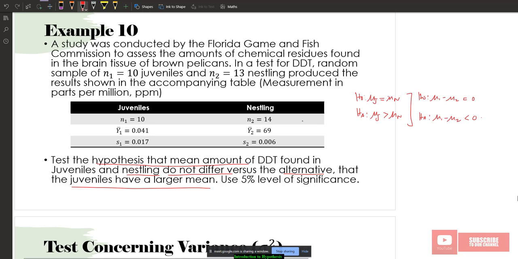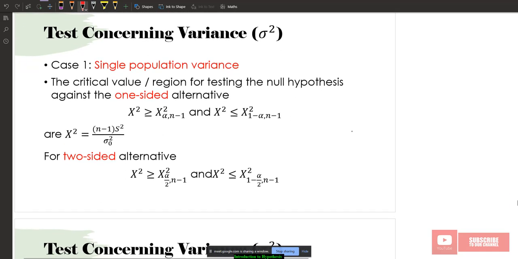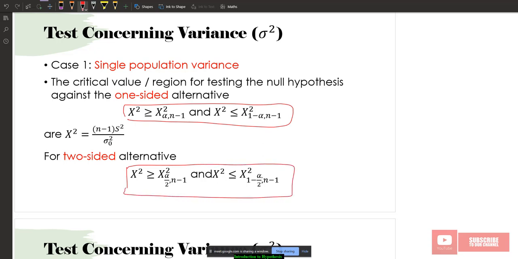So we just choose our statistical test, right? So for variance, same condition. When you have a single variance, use chi-square distribution. When you have a two-sided test, you need to adjust the critical value, for single and double sided, right?